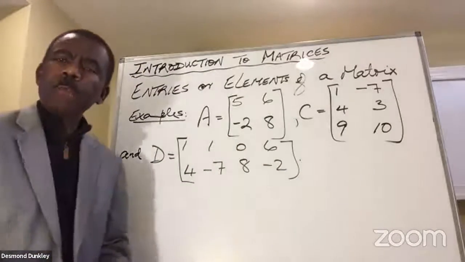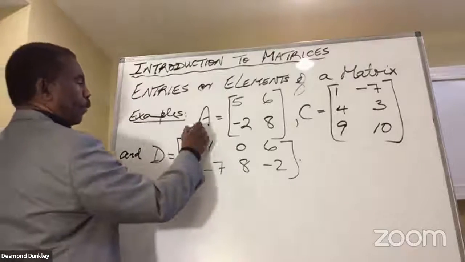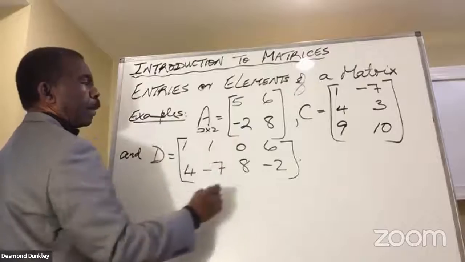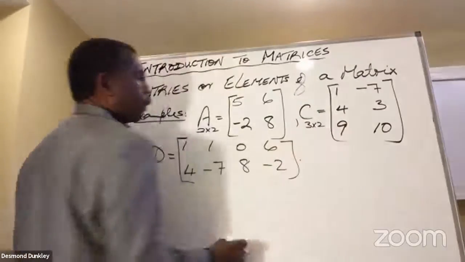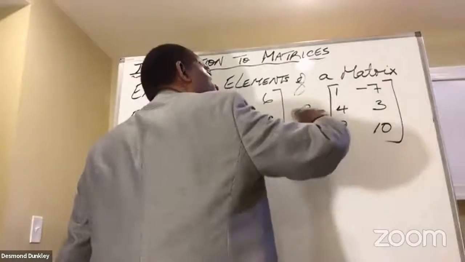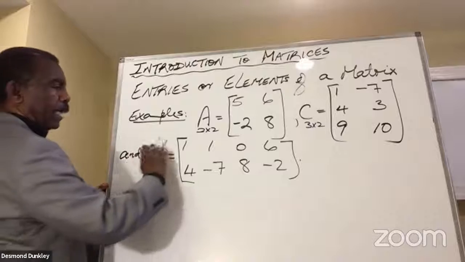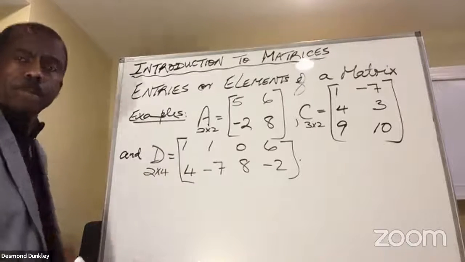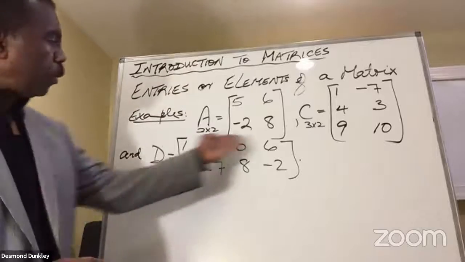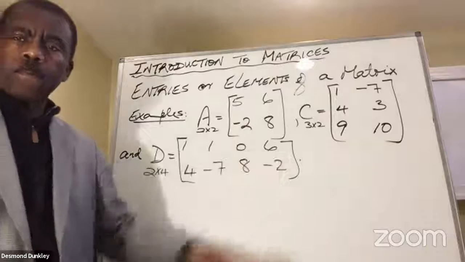Okay, so we have 3 matrices. This is a 2 by 2. This is a 3 by 2. Notice 3 rows, 2 columns. And this one is a 2 by 4. Okay, 2 rows, 4 columns: 1, 2, 3, 4.